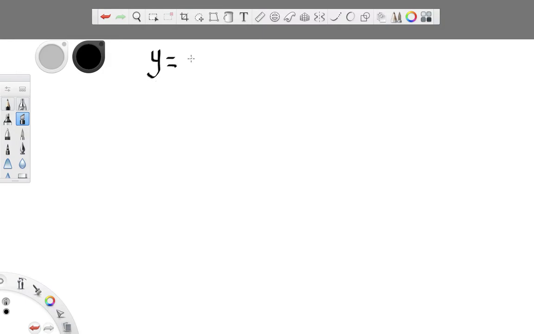So if we have the equation y = 2^x, so we know that this is going to represent an exponential graph because the exponentials are of the form y = k^x. And that was in the first part of the video. So that's the general form, y = k^x.